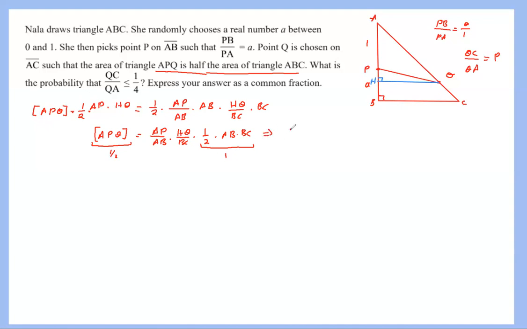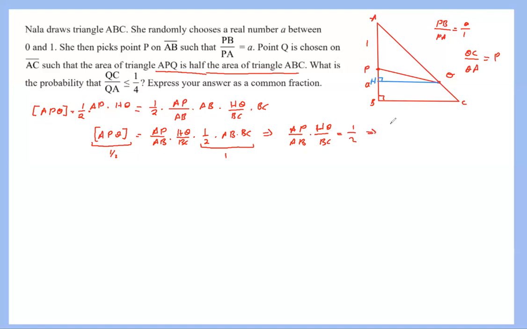Okay, so then I can say AP over AB times HQ over BC is equal to 1/2. Okay, so this is something useful because I know that PB divided by PA is A over 1. If you flip this fraction, you get 1 over A, which is actually this fraction.